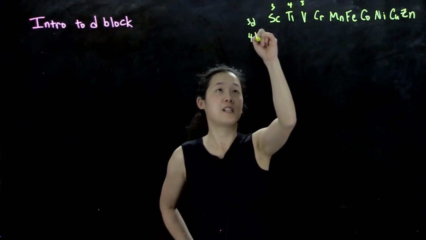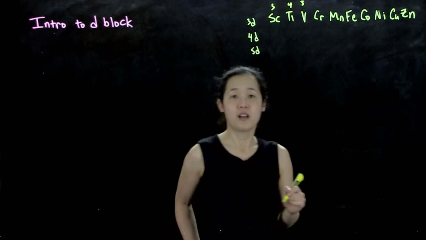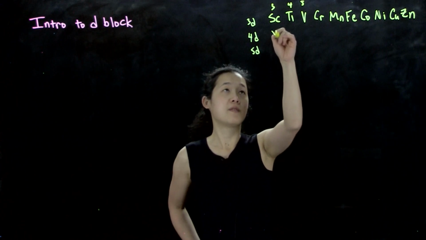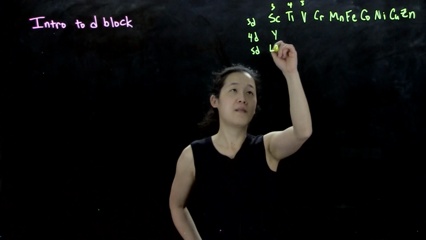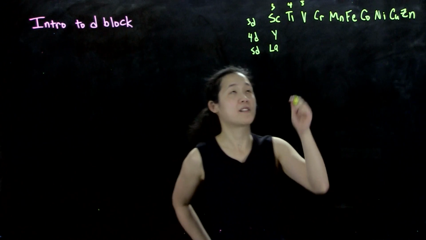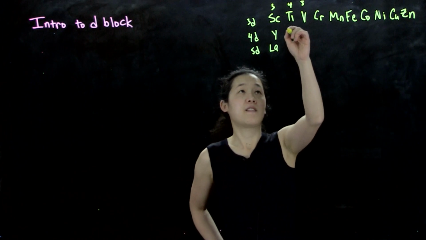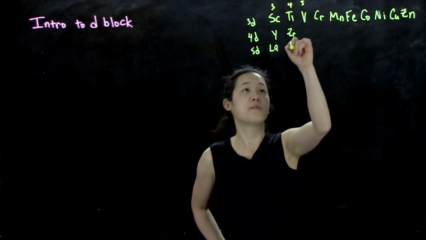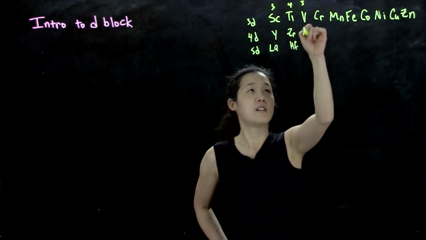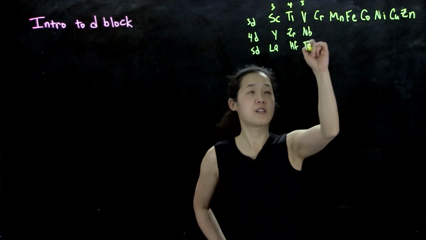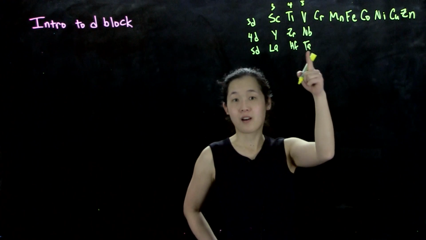Then we have 4D, 5D. So below scandium, we have yttrium. Then we have lanthanum, which is technically a lanthanide, but we'll just kind of put it in here for now. And then we have zirconium, hafnium, niobium, tantalum. In Greek mythology, Niobe is the daughter of Tantalus.